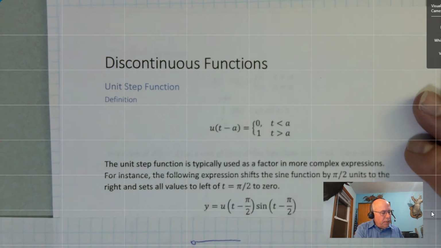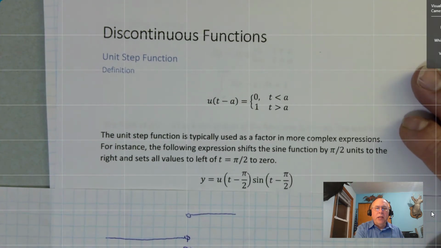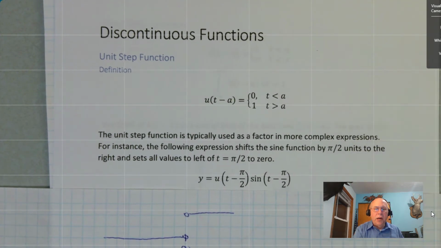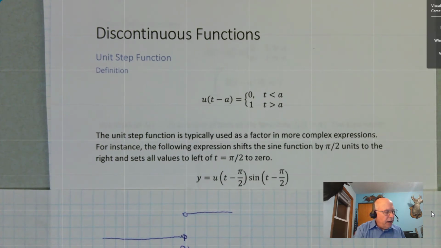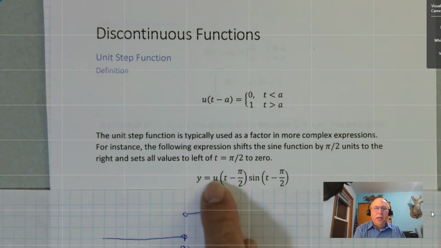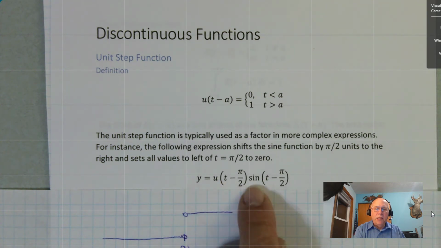The unit step function is then typically used as a factor in more complicated expressions. For instance, with this expression here, I've got u(t minus pi over 2) times the sine of t minus pi over 2. Now, t minus pi over 2, rather than just having t there, means we've shifted the sine function to the right by pi over 2 units.